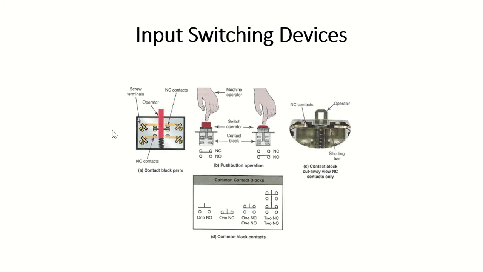Something else I failed to mention was that when we talk about sets of contacts, the positions are referred to as, let's say you just pulled this out of the box. When I say normally open set of contacts, I'm referring to the contacts without pressing that operator down. If I was to take a resistance measurement between the two, I would read over the limit, OL.